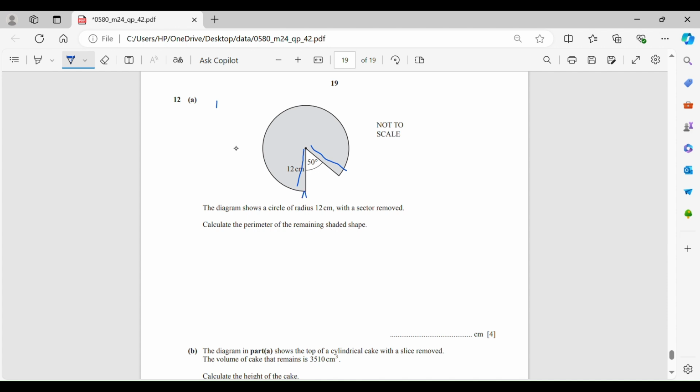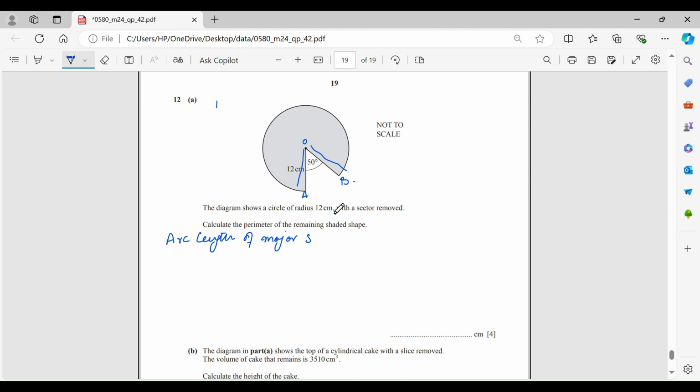Let this be A, this be B, and this is center O. Arc length of the major sector AB is equal to theta by 360 into 2 pi r.